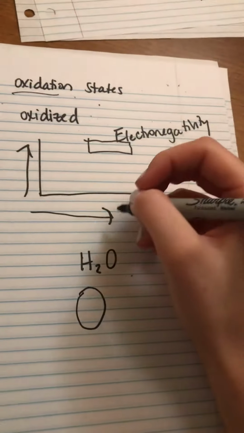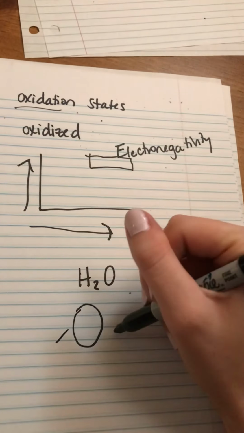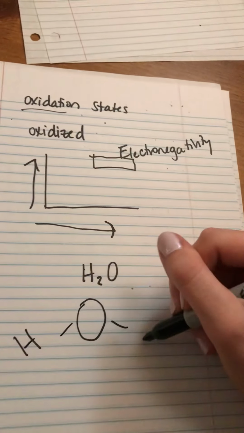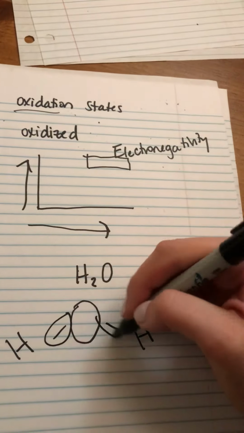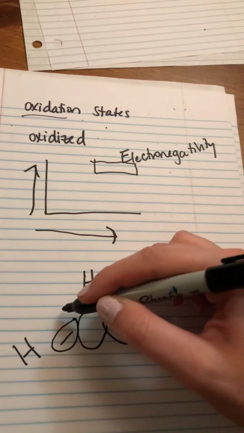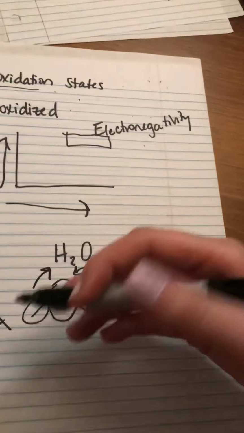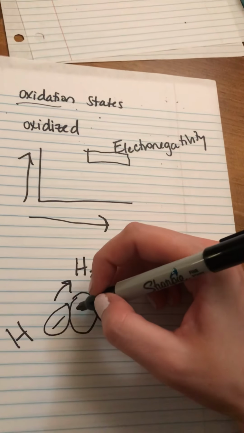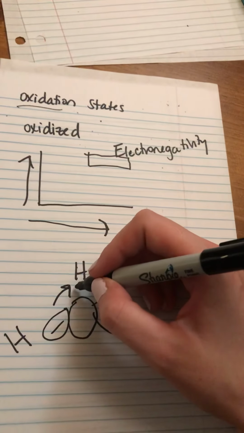Obviously in this case, we have oxygen and 2 hydrogen. These electrons are going to want to hang around the oxygen. And remember, electrons are negative, so because they want to hang around the oxygen, it's going to give the oxygen a more negative charge.